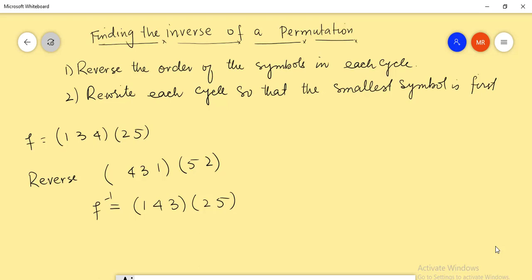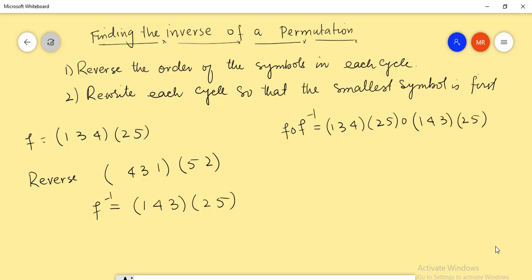This can be verified as well. If we compose F with F inverse, it should produce the identity permutation. This can be written as (1 3 4)(2 5) composed with (1 4 3)(2 5).